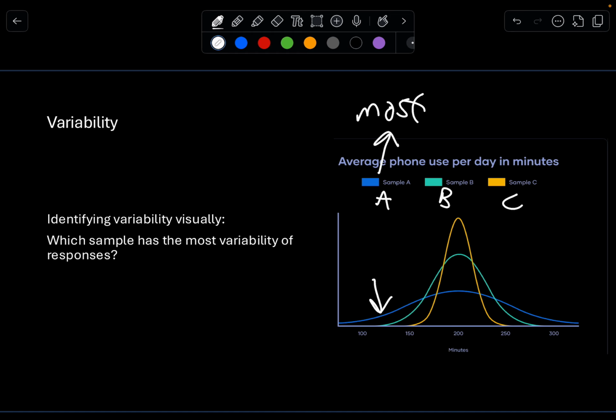And then sample C has the least variability, right? That's this orange curve. Because the values are close together for sample C and they're spread apart for sample A. Okay, so visually, that's how we can assess variability. In this lab, we will actually do this numerically. So we'll calculate measures of variability.